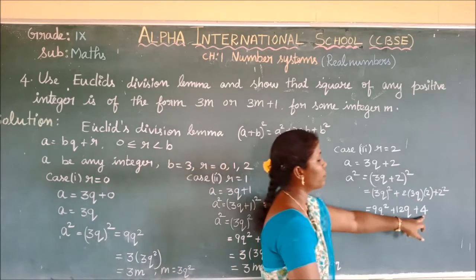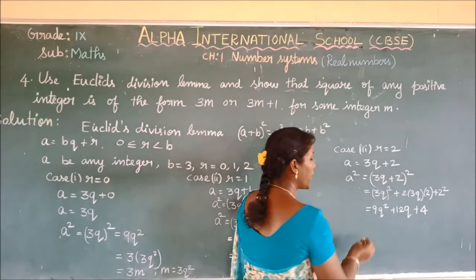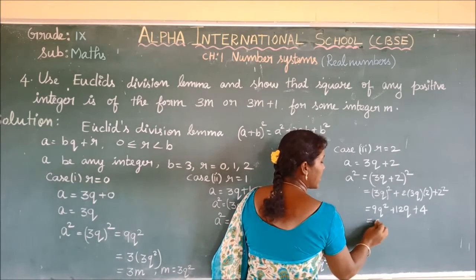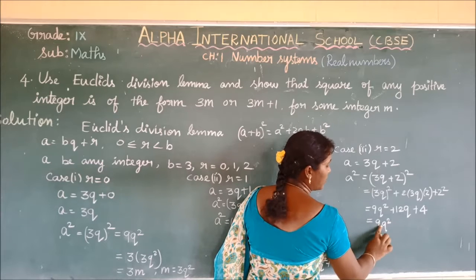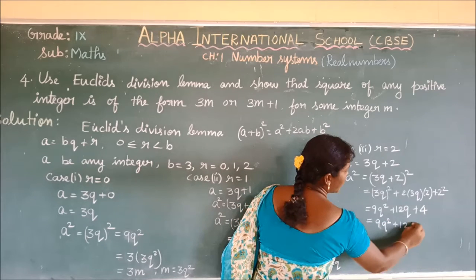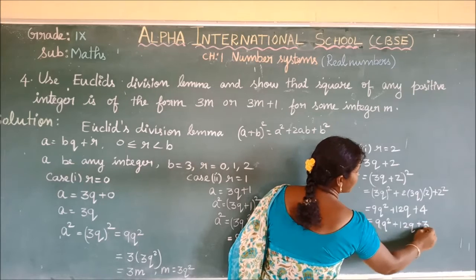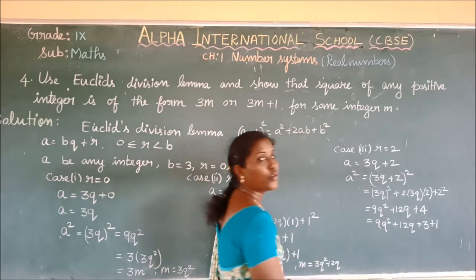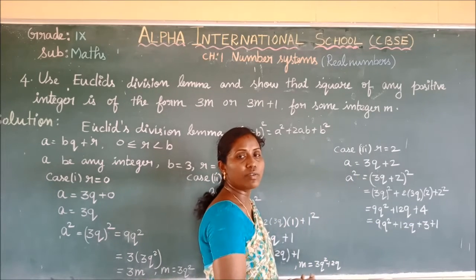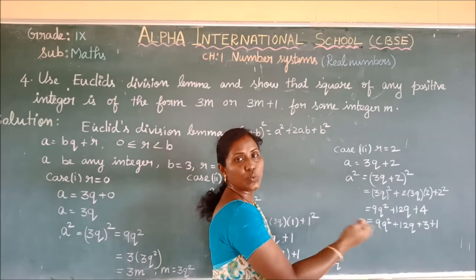But for 4, we are going to rearrange the step as 9q square plus 12q plus 4. 4 can be written in the form of 3 plus 1.